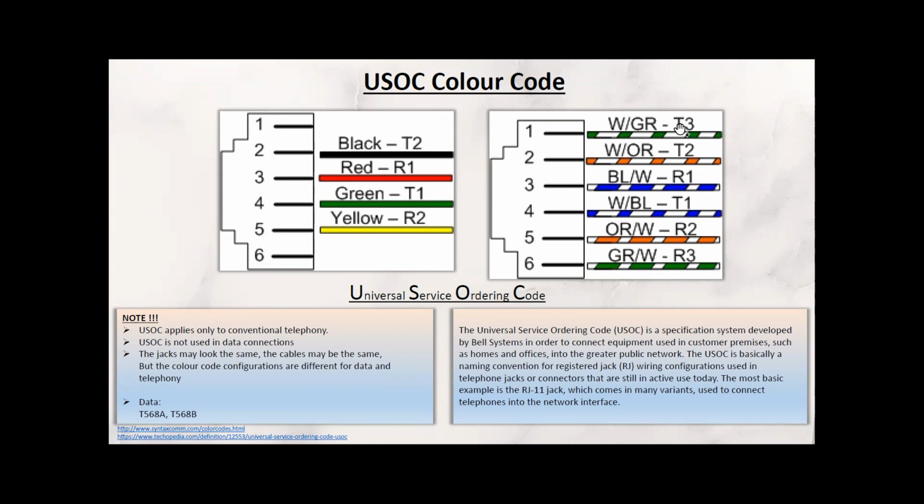This would be RJ11. This would be RJ12. The difference between RJ11 and RJ12: the RJ11 accommodates 2 pairs, and the RJ12 accommodates 4 pairs. RJ11 is physically exactly the same, except those 2 slots are empty. There are no prongs in them. All right.